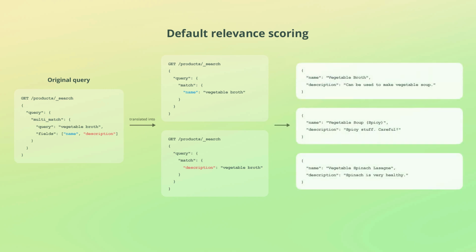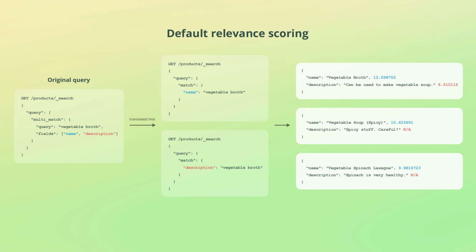Suppose that we search the name and description fields for 2 terms, vegetable and broth. As you know, this query would be translated into 2 match queries internally. Within the first example document, you can see that the name field contains both terms, while the description field only contains the vegetable term. Without getting into the specifics, the Elasticsearch relevance algorithm gives the name field a higher score.